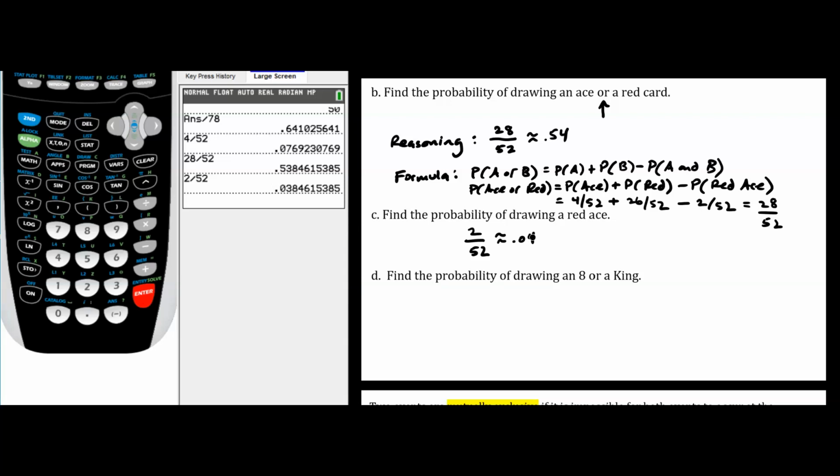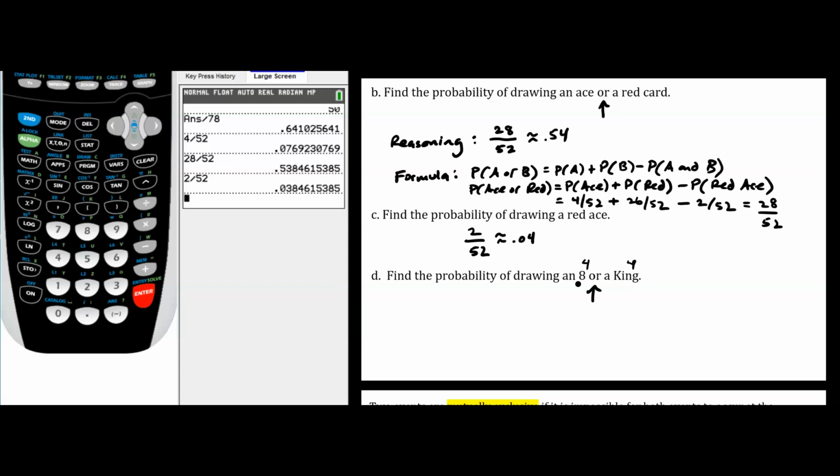And then this last one, we see that word "or" once again. It says find the probability of drawing an 8 or a king. And so again, we can go back to the cards and identify the total number of cards that are 8s or kings. Now we know that there are 4 8s, and we also have 4 kings. Are there any 8s that are also kings? Are there any kings that are 8s? No, that can't happen at all.